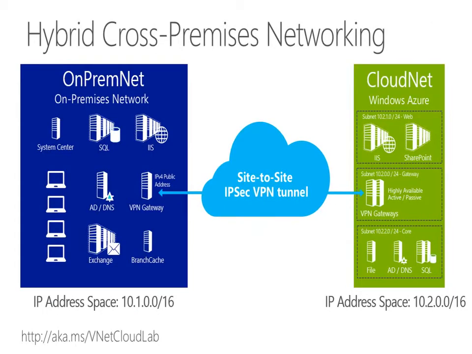And then finally, as part of our initial planning criteria, hybrid cross-premises networking also oftentimes comes into play, where you may have an existing on-premises private cloud of resources, and rather than only running public-facing, web internet-facing applications up on your public cloud platform like Windows Azure, you may want to leverage the resources that are part of Windows Azure, part of that public cloud platform in our global data centers.